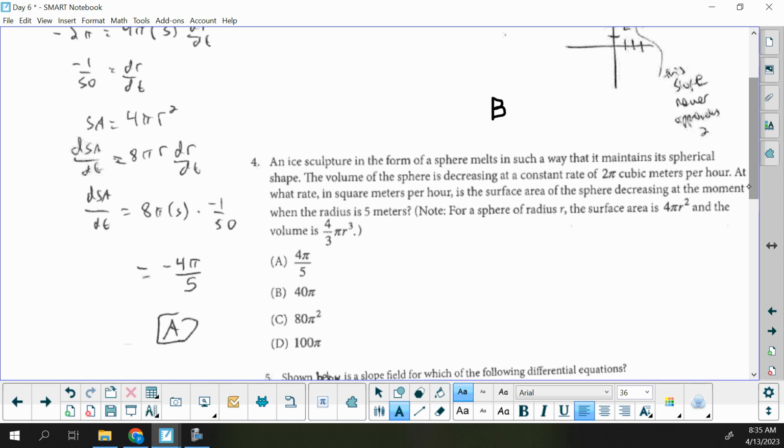Now, the reason we do not have -4 pi over 5 as a choice is in the question, they already specified that it was decreasing. So by saying that it's decreasing, they're already implying, okay, this is going to be a negative rate. Which of these negated would be that rate?